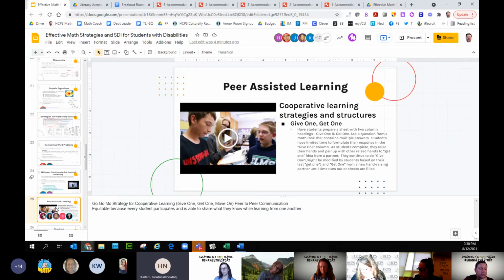And so it rotates around the room so that everyone is able to show what they know, but then they go and interview each student so that they are hearing what the other student knows about it and they can discuss it together.